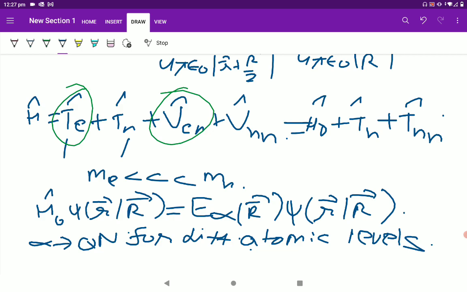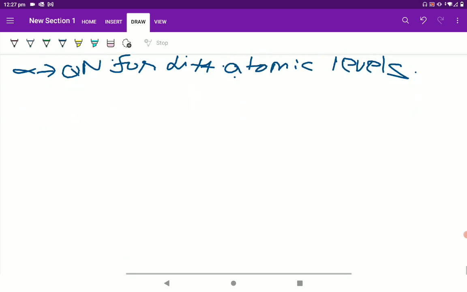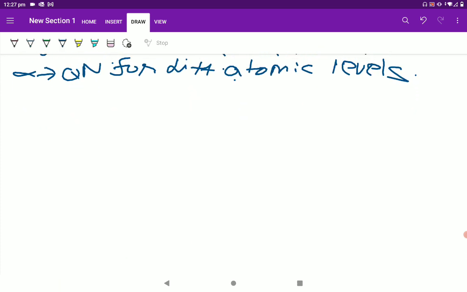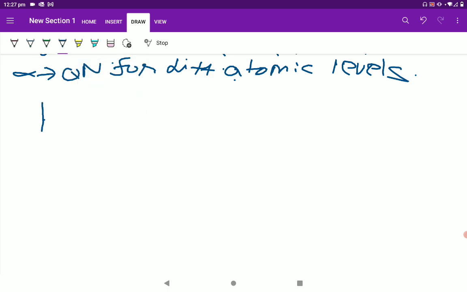Now we want to find the exact solution. The real problem is the total Hamiltonian, and we want the total wave function of the electron with respect to the nuclei.